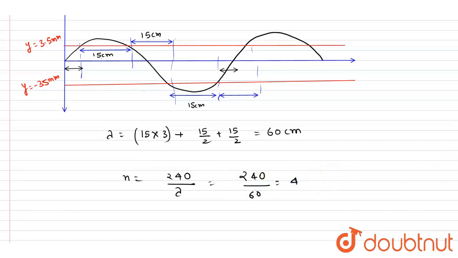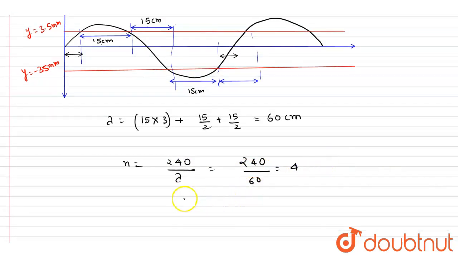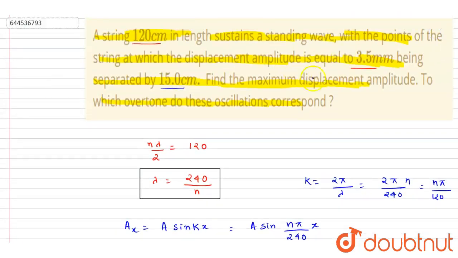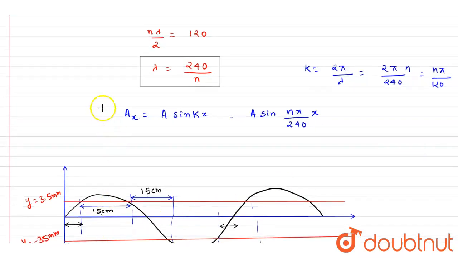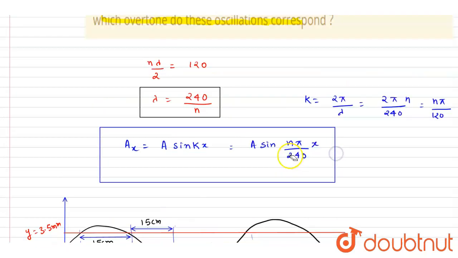So this is oscillating in the fourth harmonic and third overtone. So as you got the fourth harmonic, we can also get the maximum displacement amplitude. So put the value of n equals 4.